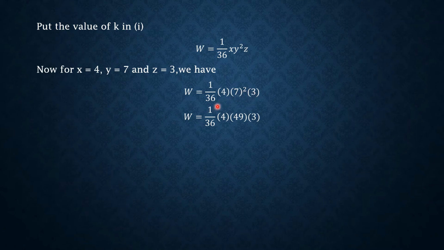Now 7 square equal to 49, so we have w equal to 1 by 36 into 4 into 49 into 3, as 3 into 4 is 12 and 12 divided by 36 equal to 1 by 3. So we have w equal to 49 by 3.